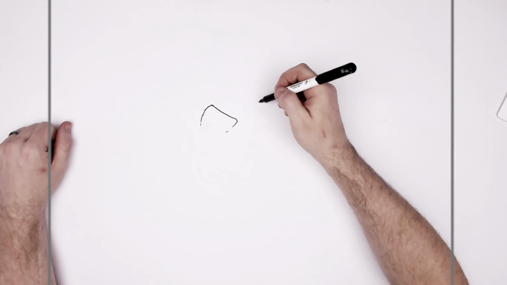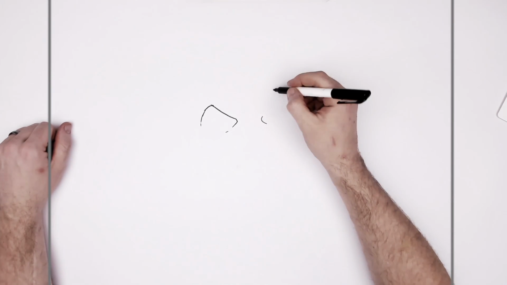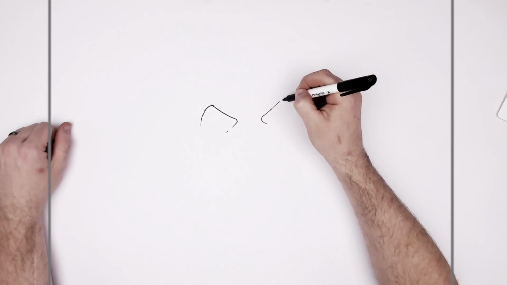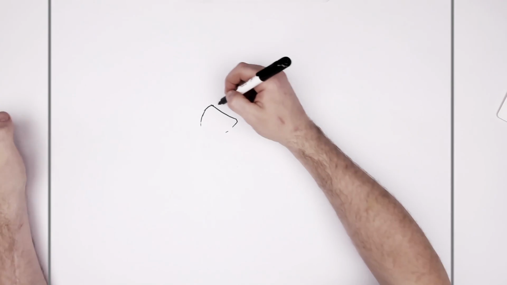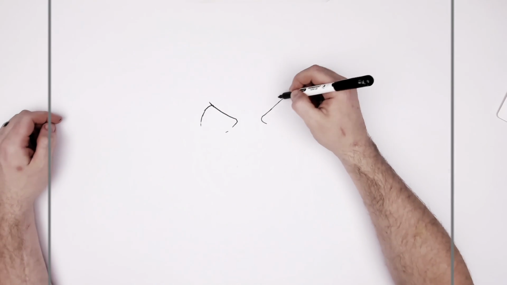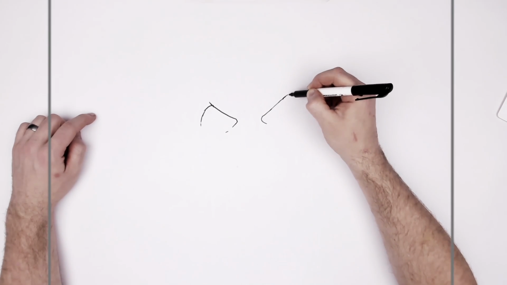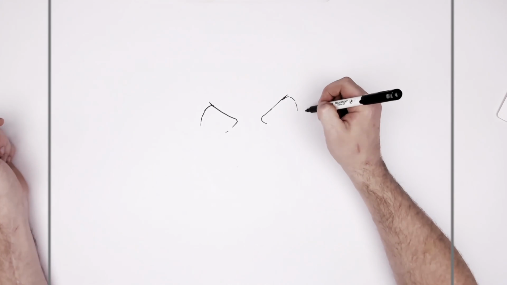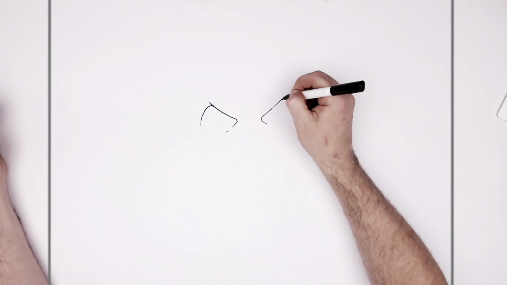Right, and you could do a similar shape on the other side. So it's like his cheekbone sticking out like that, right?